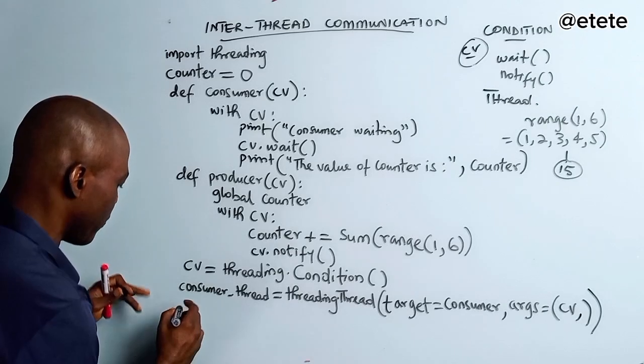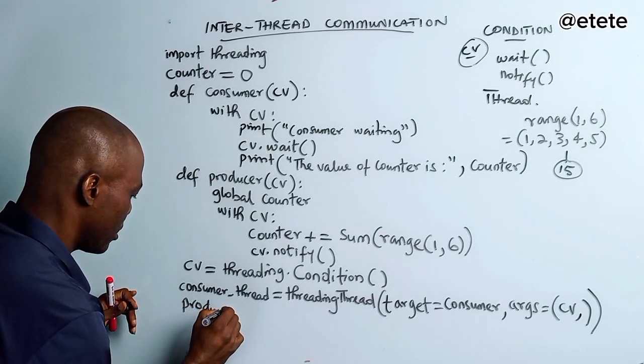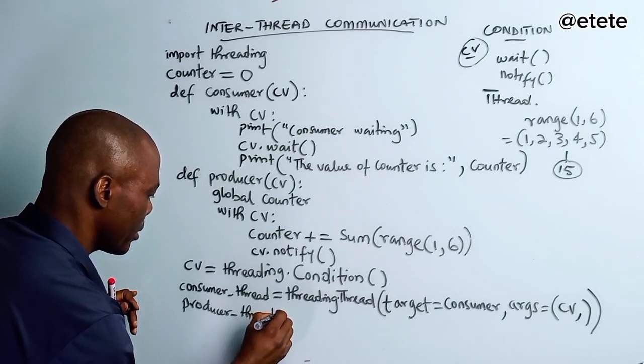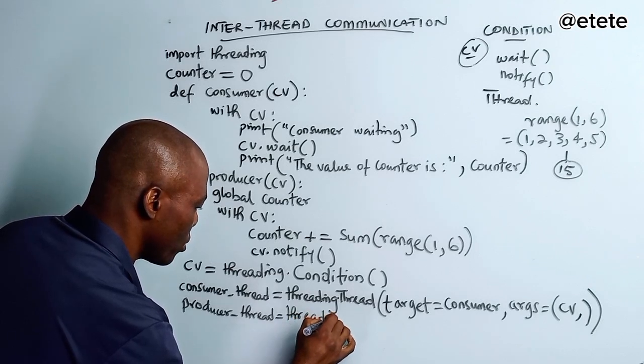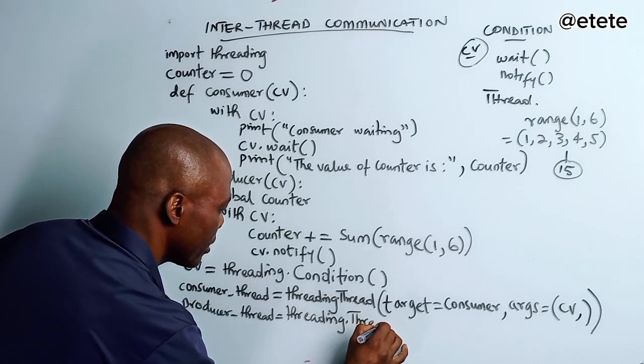So I will repeat the same thing for the producer thread. Producer underscore thread. Then I'll call the thread constructor, threading dot Thread, right?